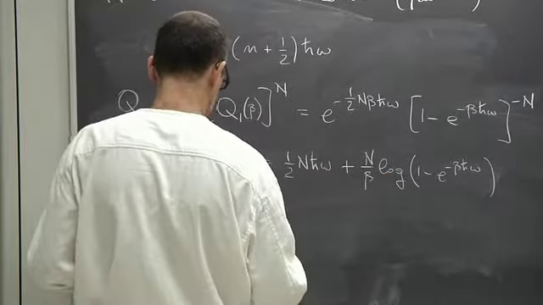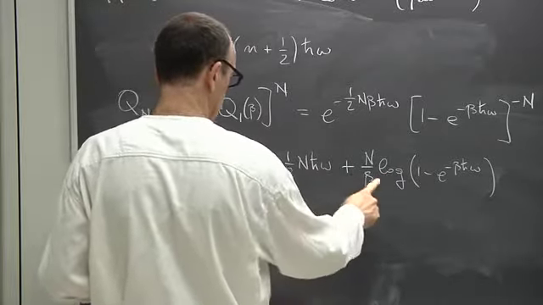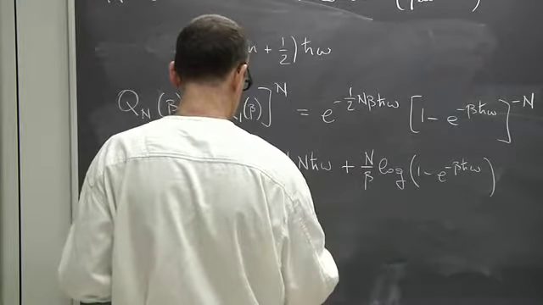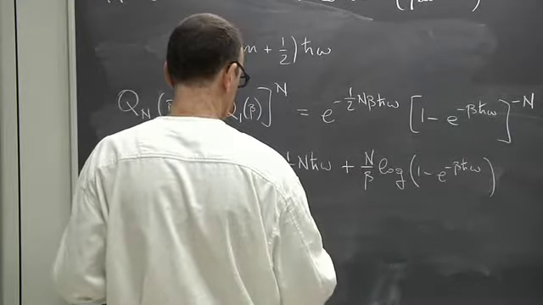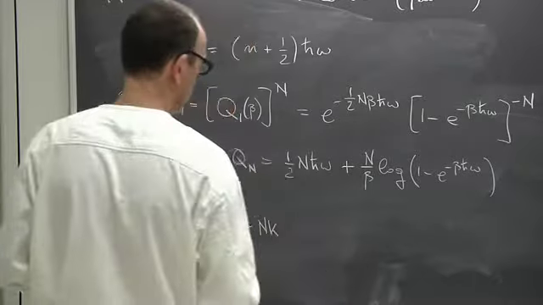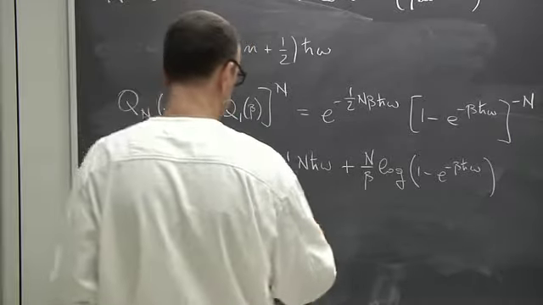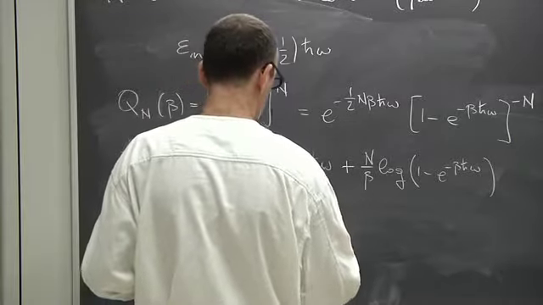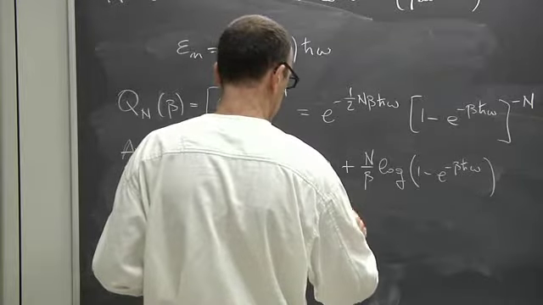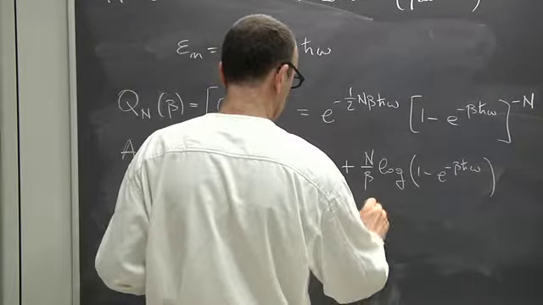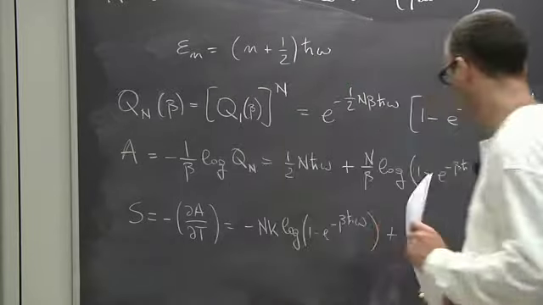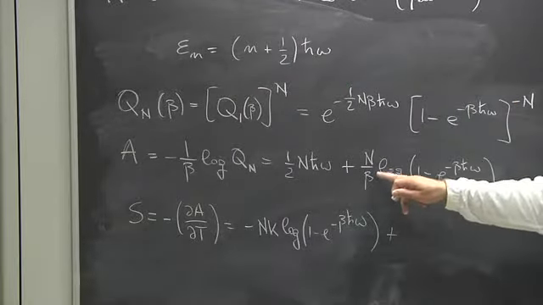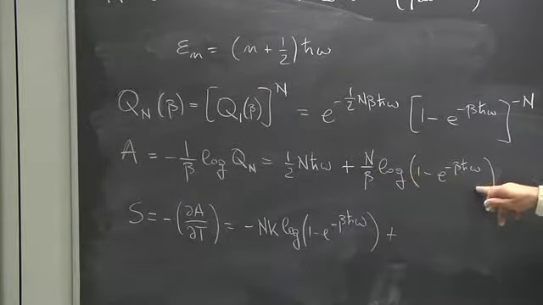Here I have a term which is minus n times k times the log of 1 minus e to the minus beta h bar omega. And then I have another term which comes from when I take the derivative inside here.